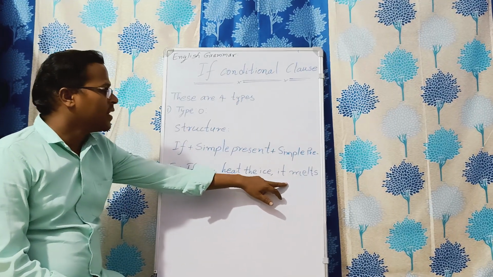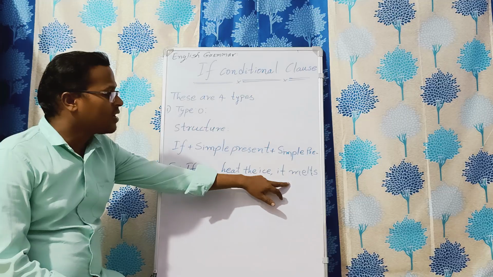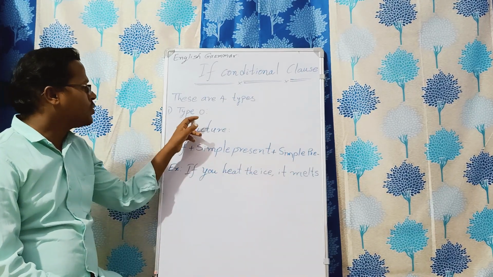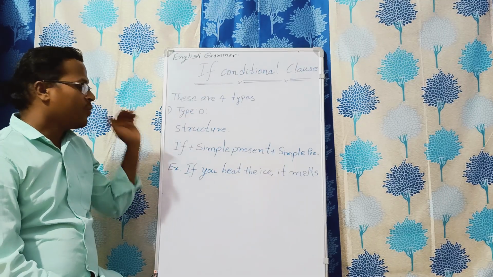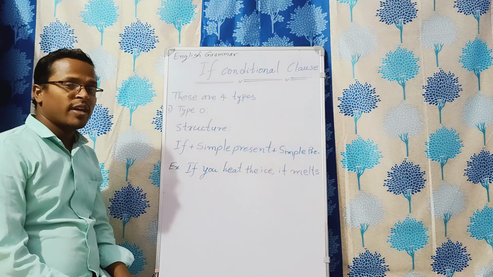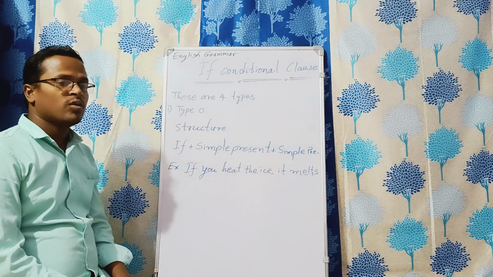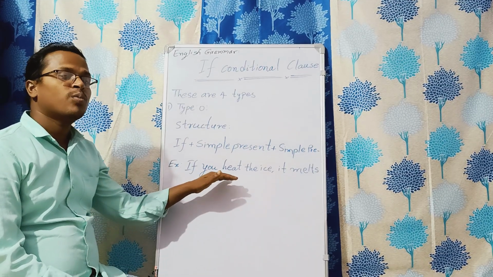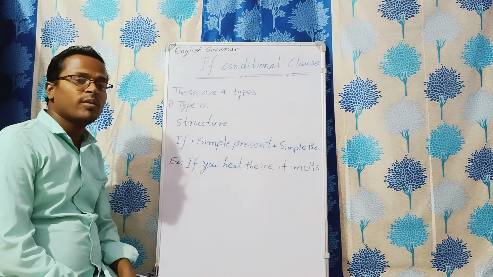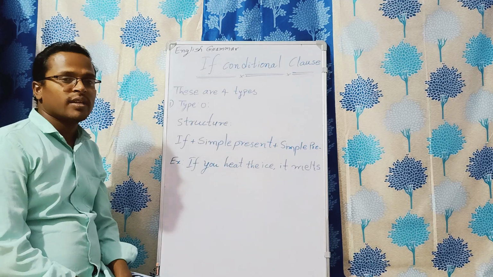This result is also in the simple present. In type 0, while we are making the condition, we have to use simple present tense, and the consequence also will be in the simple present tense.